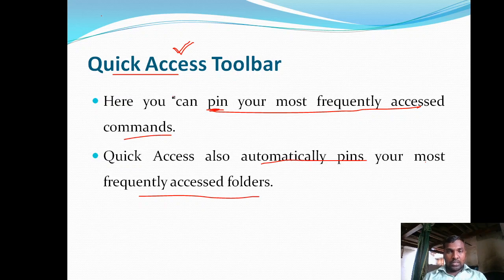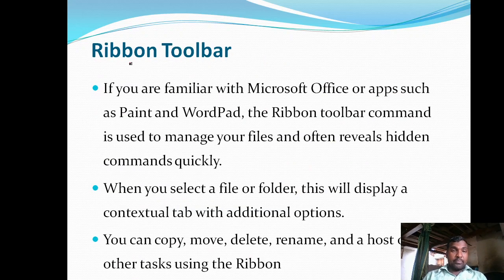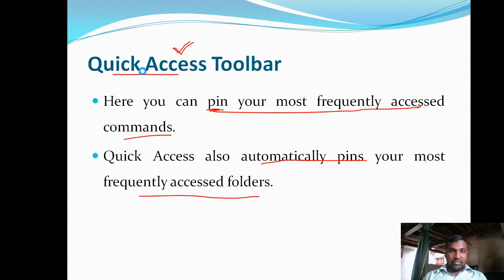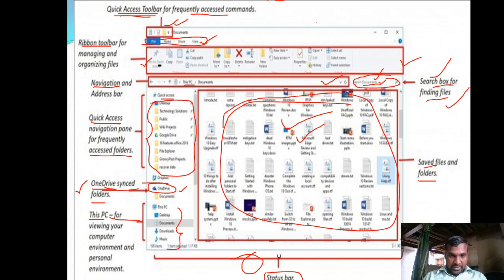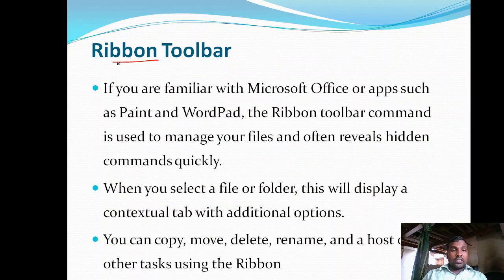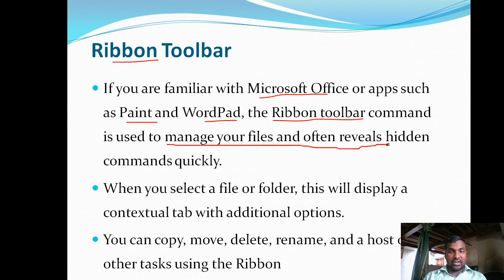Okay, and the next is the ribbon toolbar, right? This is the ribbon toolbar. If you are familiar with Microsoft Office or apps such as Paint or WordPad, the ribbon toolbar command is used to manage your files and often reveals hidden commands quickly.